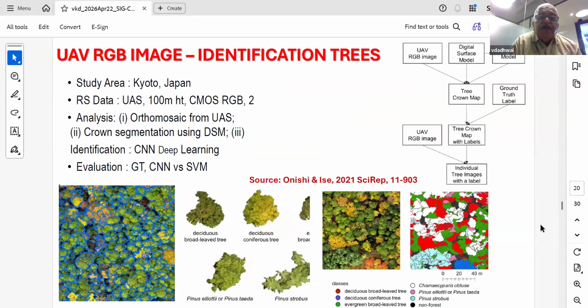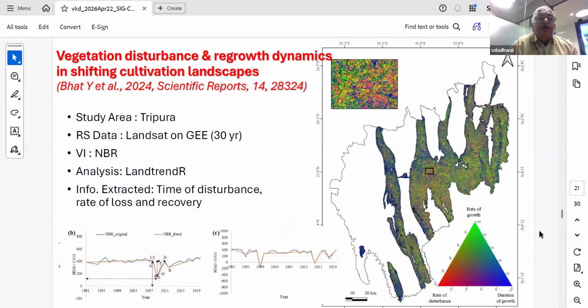Now what has happened, you are getting more and more UAV data where you can use machine learning and other methods to really do every tree separately and its classification. This example is over Japan, but it actually talks of what type of technologies you can use to really identify, because agroforestry is important.